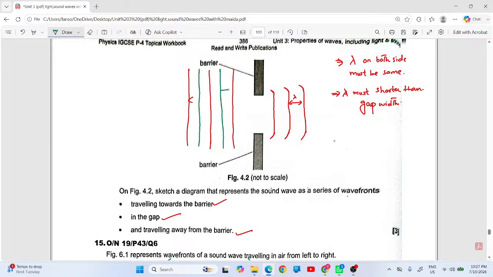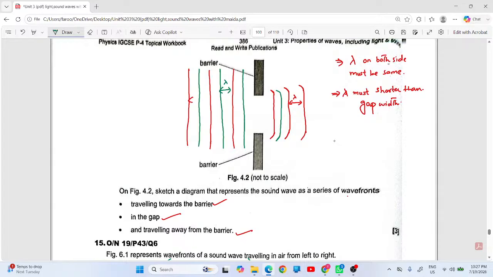Now this one is the wavelength, and after passing through the barrier the wavelength stays the same. It produces very small diffraction.